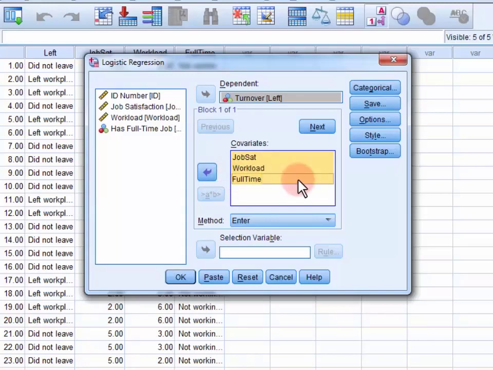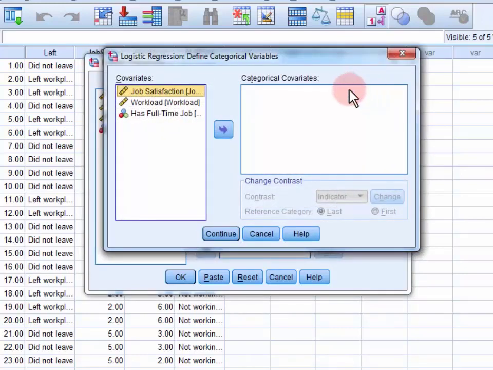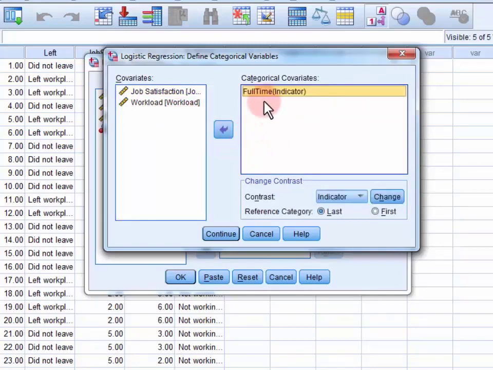Now we need to give SPSS a bit of information about our categorical predictors. Now we only have one, whether or not the employee was full-time or not. We move this variable into the categorical covariates field, and then we tell SPSS that our reference category or control group is the first category.